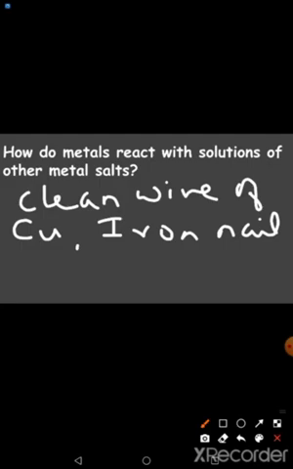So you need a clean wire of copper, an iron nail, and solutions of CuSO4 and FeSO4.